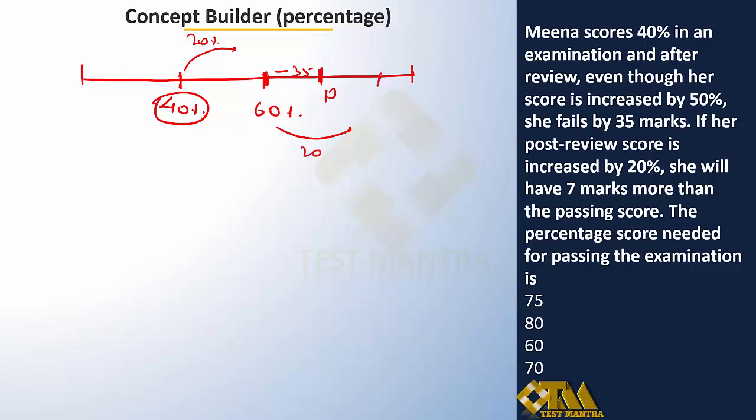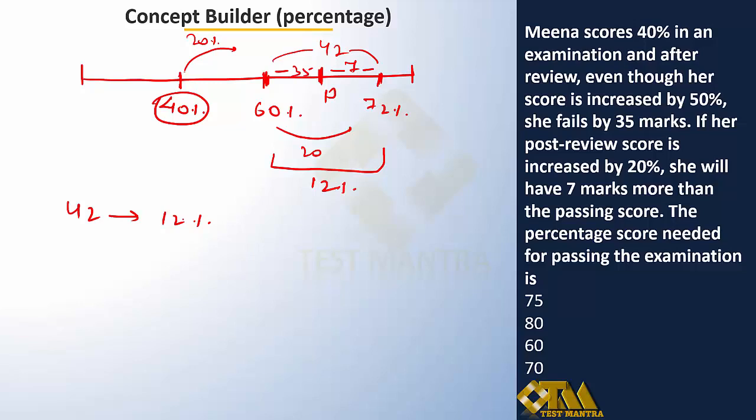That means the new score is supposed to be 72% here, right? So can I say this gap is nothing but 12% here? She will have 7 marks more than the pass mark. So I'll just identify this thing. This complete gap is nothing but 42. Can I say 42 should represent 12%?